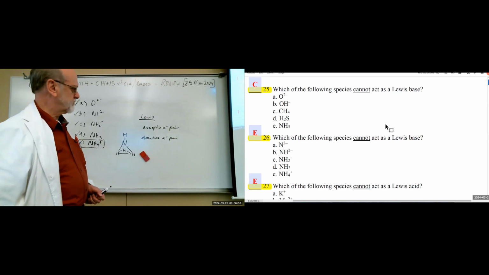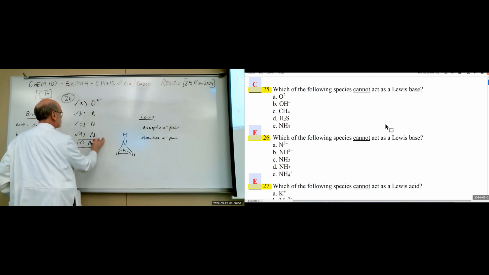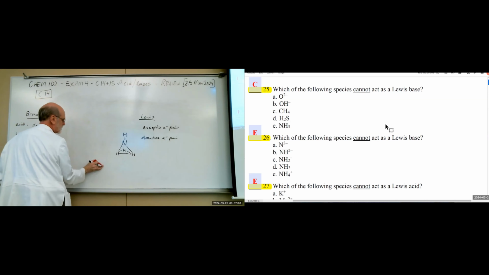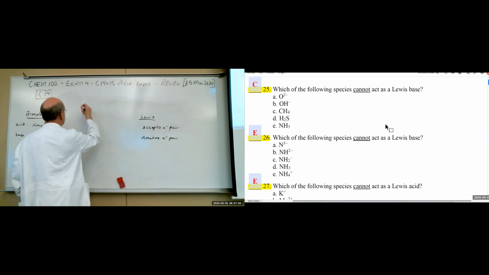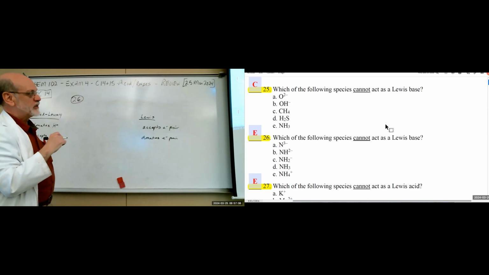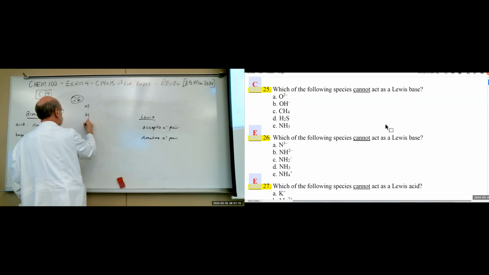Now, 26. Let's make room in here. I'm going to leave that other stuff up here for our reference purposes. 26. All right. Which of the following species cannot be a Lewis base? So we have these possibilities.